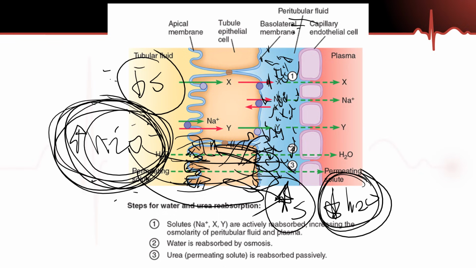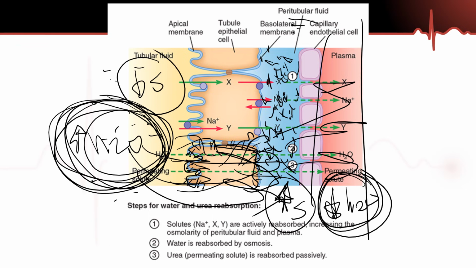And then through osmosis, which is a type of diffusion through channels, by the way, right? A type of passive transport where molecules move from high to low through channels. Through this, water is able to move from the lumen of the proximal convoluted tubules out of the proximal convoluted tubules, meaning past these cuboidal epithelial cells and into the peritubular or interstitial fluid, where then the water can be brought back into the blood within the peritubular capillaries.